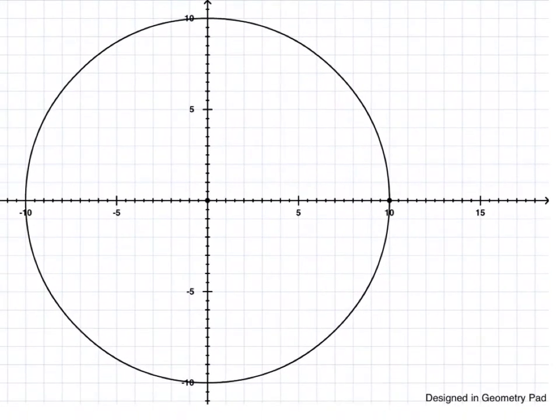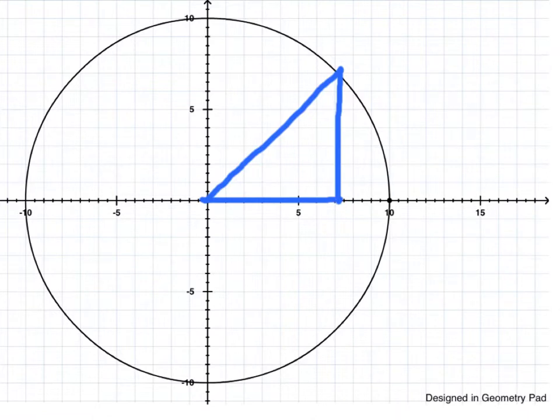Now our unit circle picture that we're about to draw has a 45, 45, 90 right triangle. Now, though, the hypotenuse is 1.